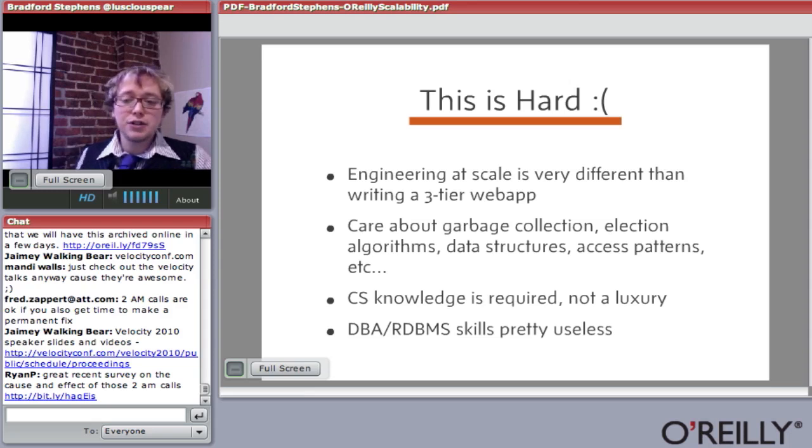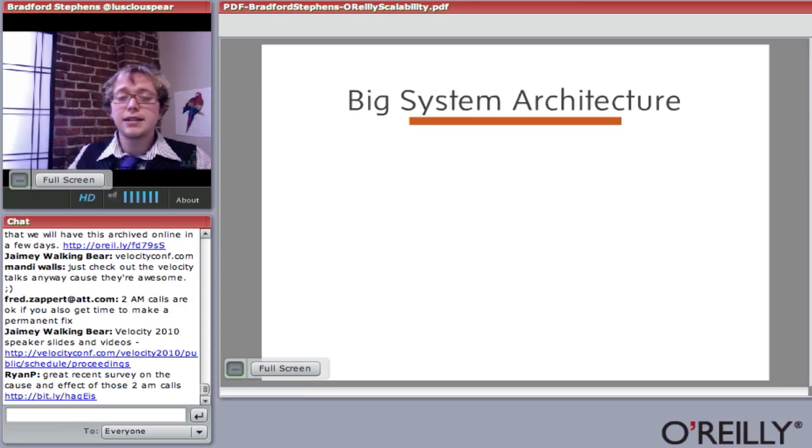But just because you understand how to use MySQL doesn't mean you could build a more multi-core compatible version of the InnoDB engine. Knowing how to use something and knowing how to build something can be really different. And this can lead to some friction in your organization as well, as DBAs discover that their skill set really isn't that helpful with these kinds of systems.